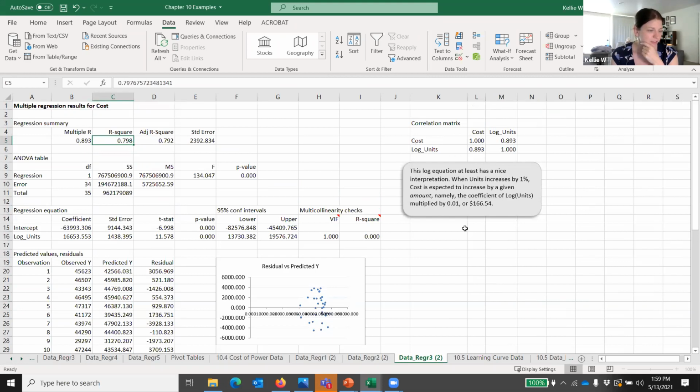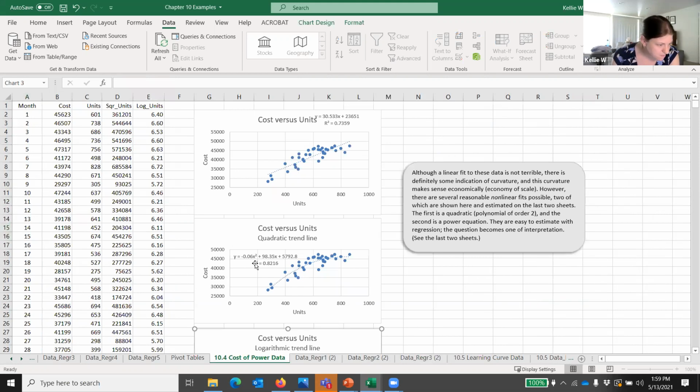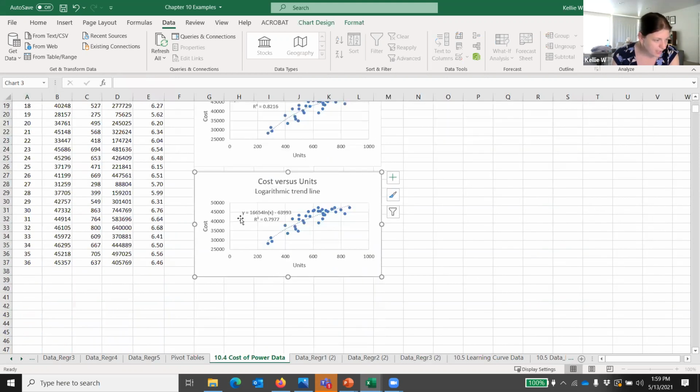For the log equation, we have our intercept and our log units. The equation for this is right here. Interestingly, our intercept is negative, but then we have some coefficient times the natural log of x.